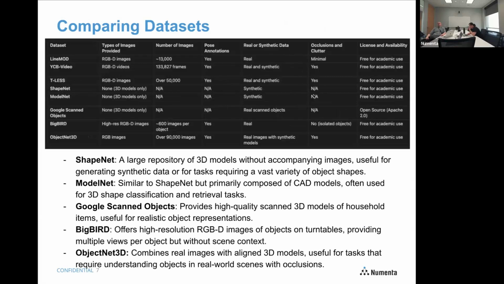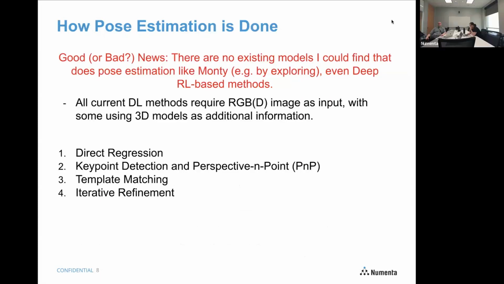But they don't need pose annotations. We just initialize them in an environment, like in a 3D rendering engine, and then we can just set how we want to initialize them in this environment.